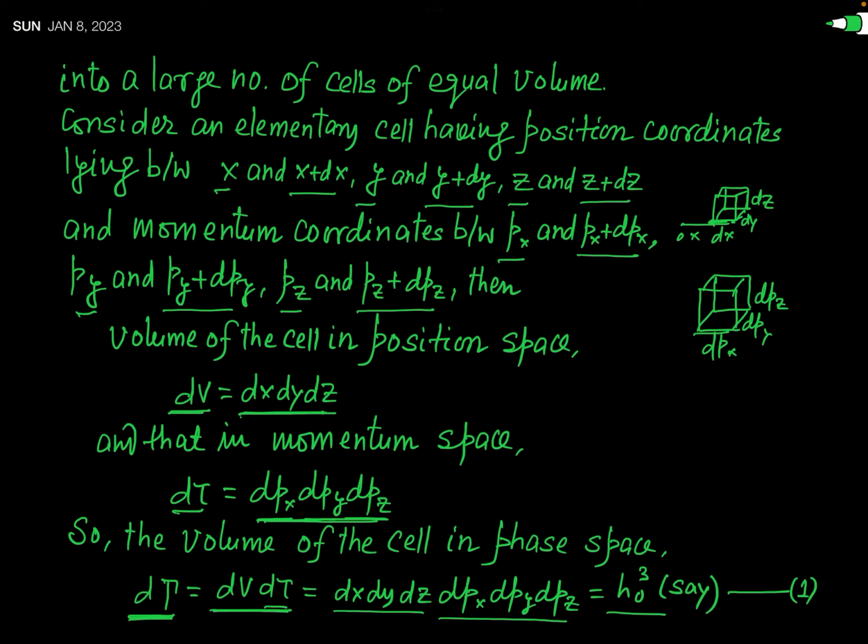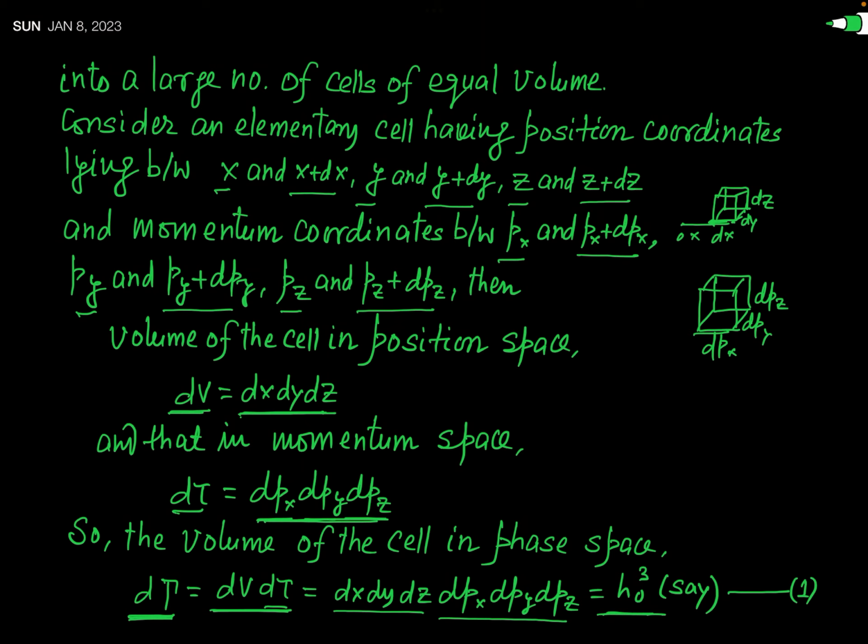Okay, but whenever you talk about the problem in terms of classical mechanics, then you can't say that this h naught is Planck's constant, or that it will be equal to Planck's constant. But when we talk in terms of quantum statistics, then you will see that this h naught is simply the Planck's constant.